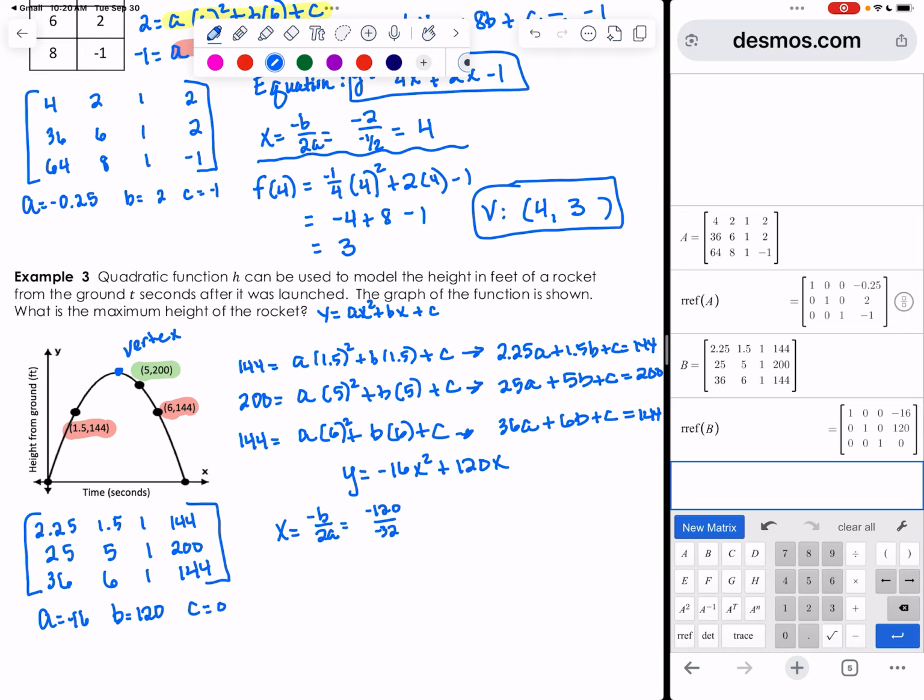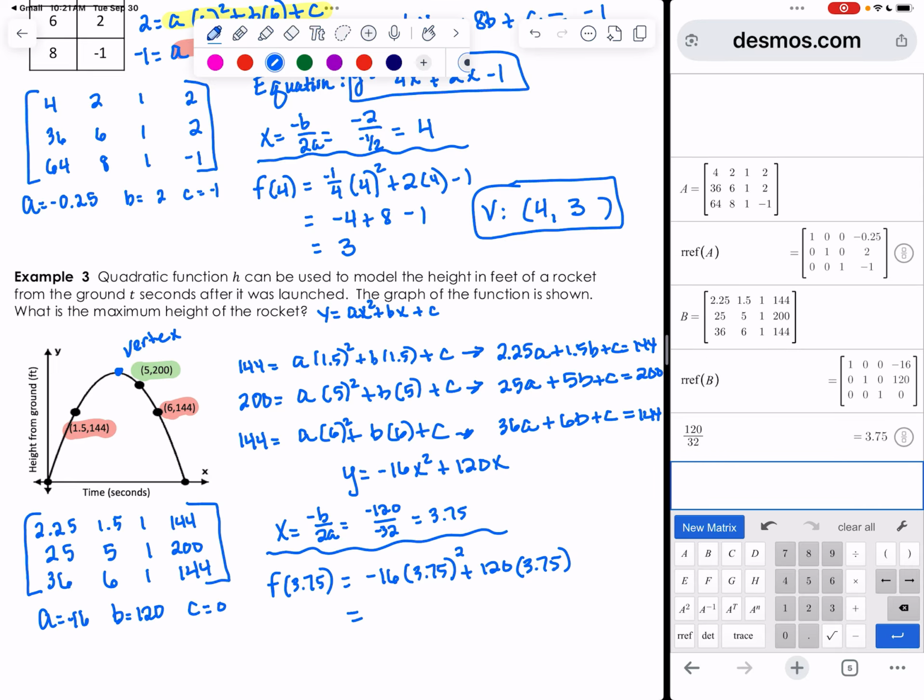So I'm going to come over here and find the decimal for that, 120 divided by 32. So that's 3.75. Now I want to find f of 3.75. So I'll put negative 16 times 3.75 squared plus 120 times 3.75. All right, I'm going to return.